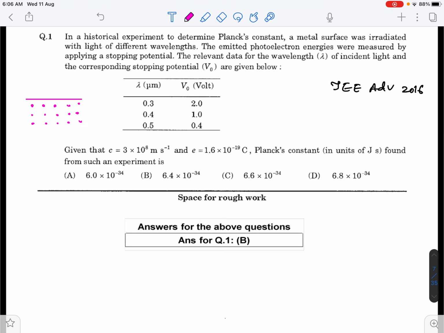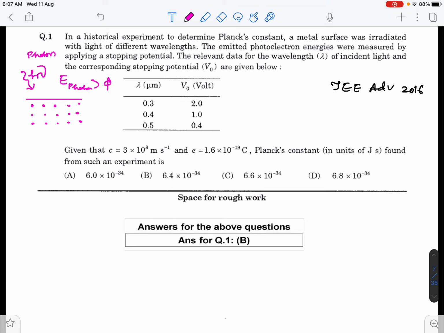Whenever you make photons of energy h nu incident on this metal surface, these photons are responsible for the emission of electrons from the surface. An electron is ejected when the energy of the photon is greater than phi.